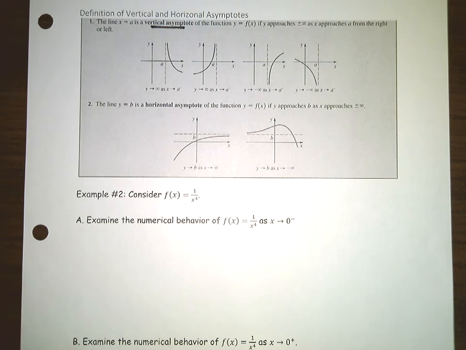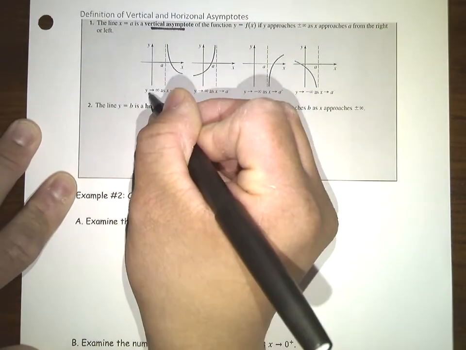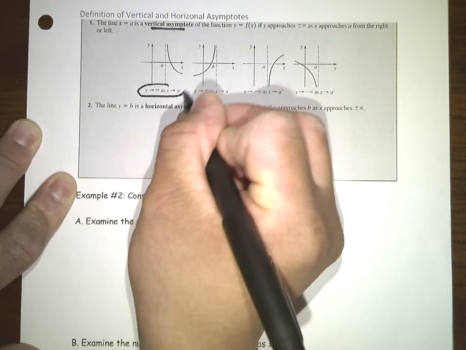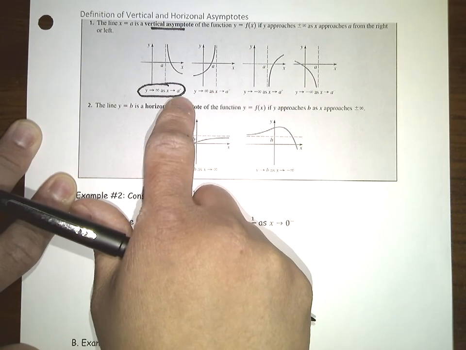All right, so the line x equals a is a vertical asymptote of the function y equals f of x if y approaches plus or minus infinity as x approaches a from the right or the left. So this notation here is y approaches infinity as x approaches a from the right.